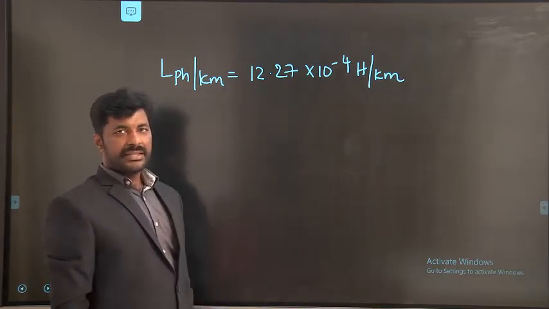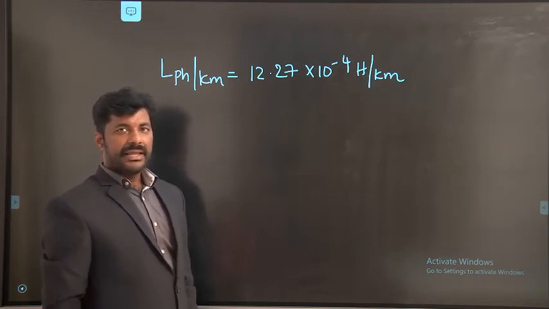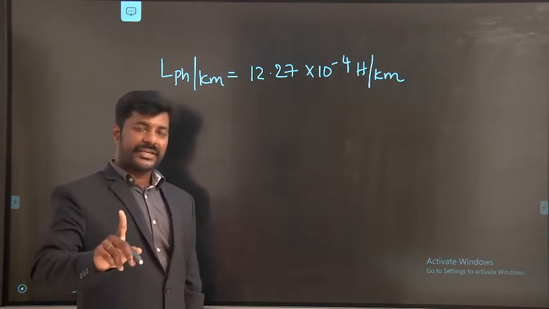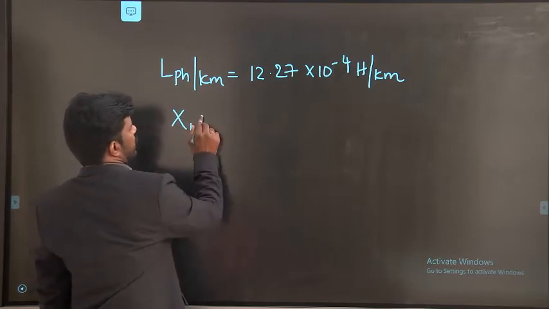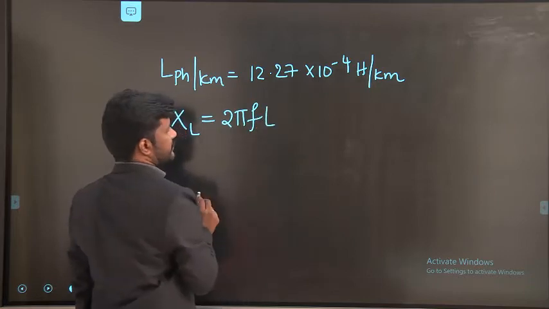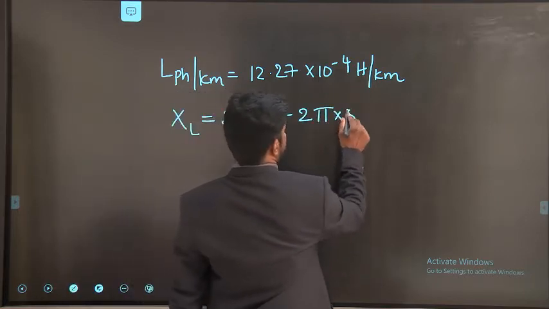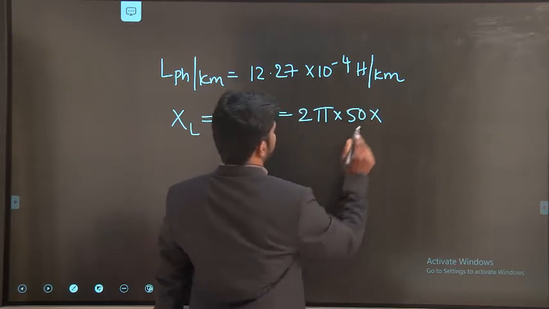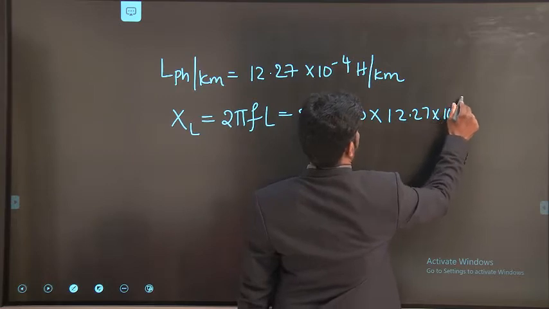Okay, and they are also asking us to find out the inductive reactance for this 1 kilometer length. So what is inductive reactance? XL, whose formula is 2 pi FL. Then substituting this, 2 into pi into frequency 50 Hz and L value 12.27 into 10 power minus 4.